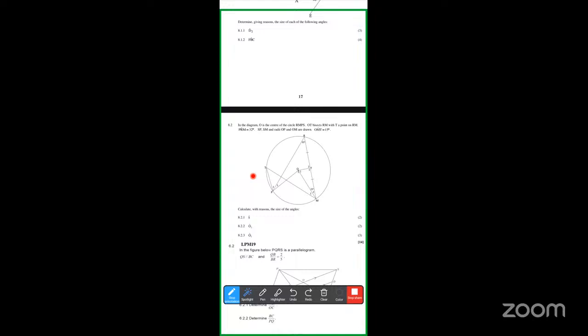Anyone with some idea, bit of idea of how we can get that? How do you guys think with this question? Can you guys see O1 in the diagram? Yes, sir.